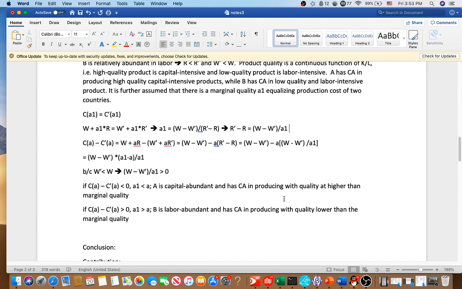So as a conclusion, this means that intra-industry trade occurs if the demand for high-quality goods coexists with the demand for low-quality goods. And it explains the intra-industry trade cases that can't be explained by the old HO model.